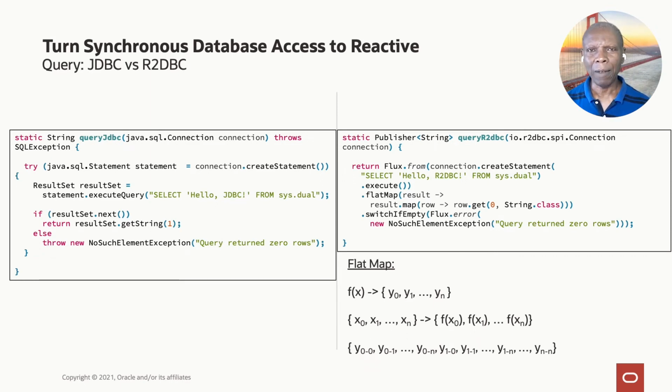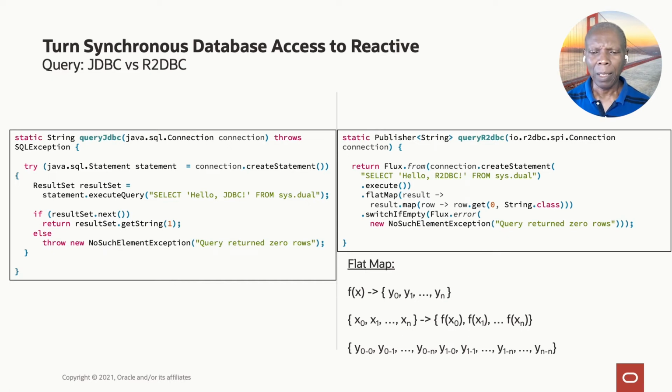So here we create a statement, and then we execute the statement, and we use a flat map. A flat map is in R2DBC, and you can see that as well in Reactor, and similar things in some other third-party libraries, where you apply a function. And here we are doing a map.